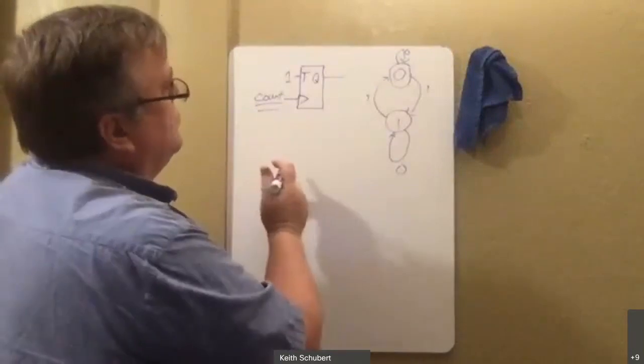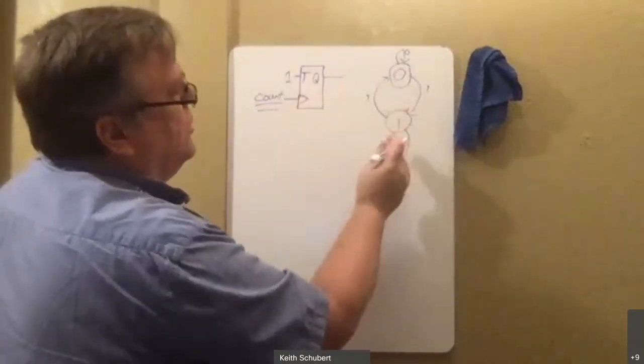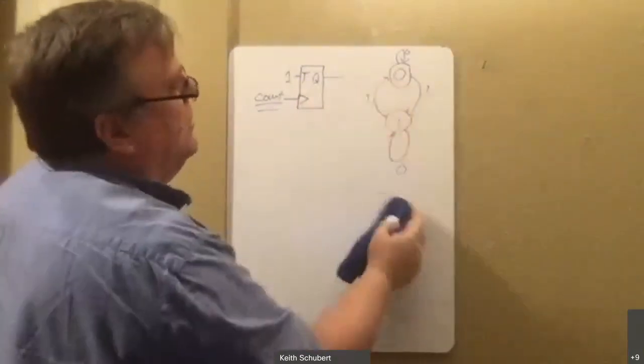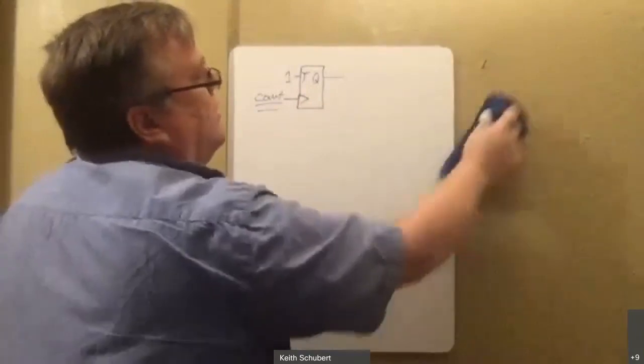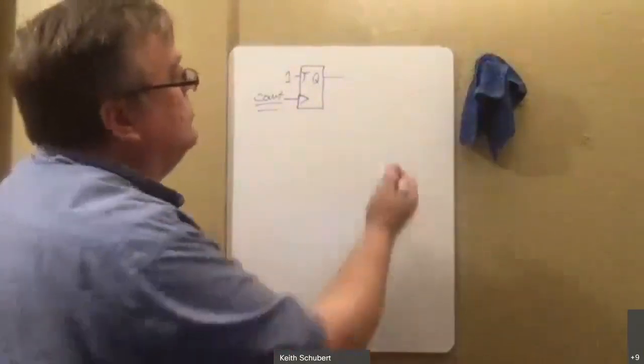So this is one way I can build a counter. Now let me show you why it's called a ripple counter. Imagine I wanted to go to a slightly bigger count. What if I want to be able to count 0, 1, 2, 3? A 2-bit counter.